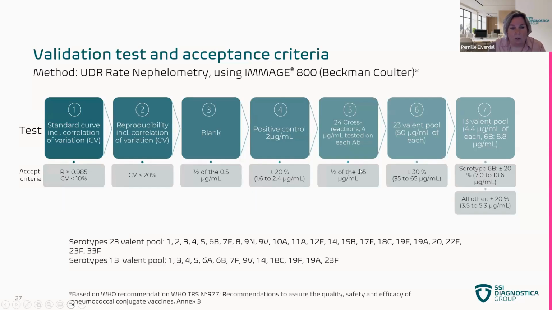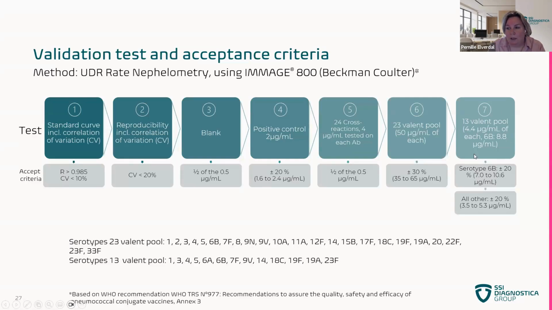We also tested 24 cross reactions in a concentration of 4 micrograms per ml against each antibody, again using the same acceptance criteria as we had for the blank. We did a pool of the 23-valent vaccine where it looked like the vaccine, so 50 micrograms of each serotype was present in this pool, and it could have a variation of 30%.